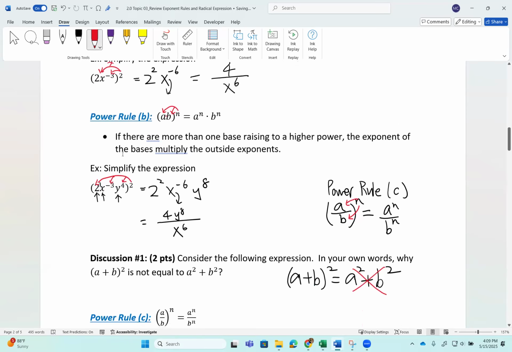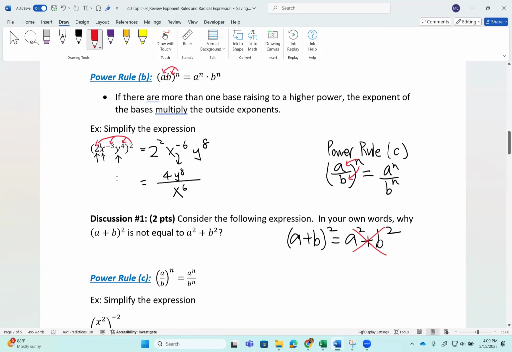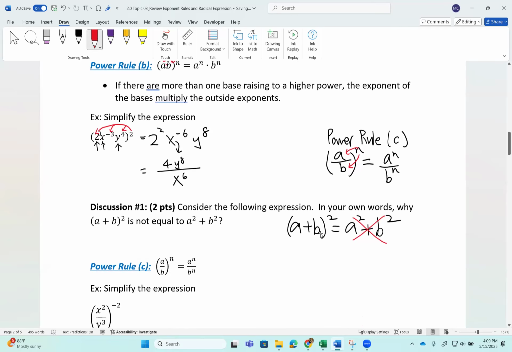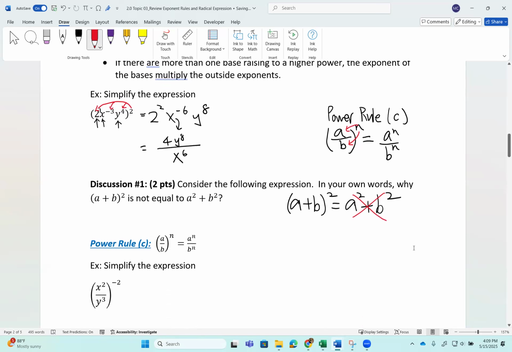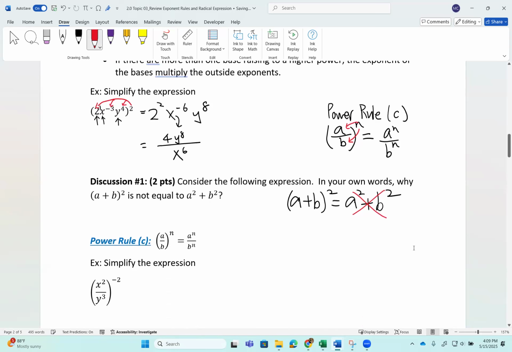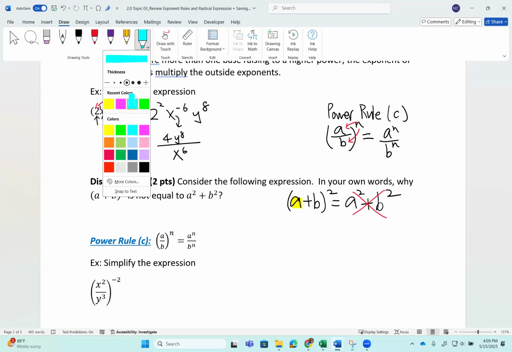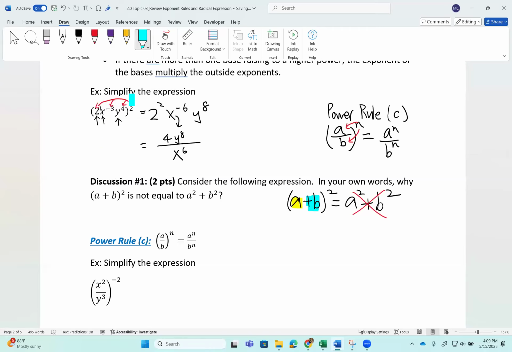You can only apply the power rule when there's one term inside the parenthesis. So we cannot simply say this is a squared plus b squared. That's one of the reasons why: inside the parenthesis, this is technically two different terms. The power rule can only apply if there's only one term inside the parenthesis.